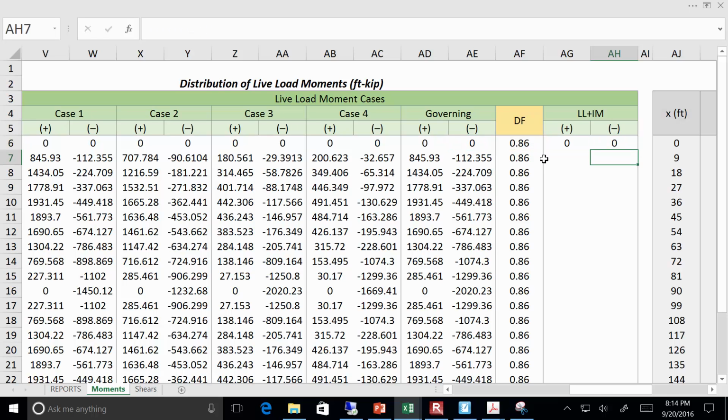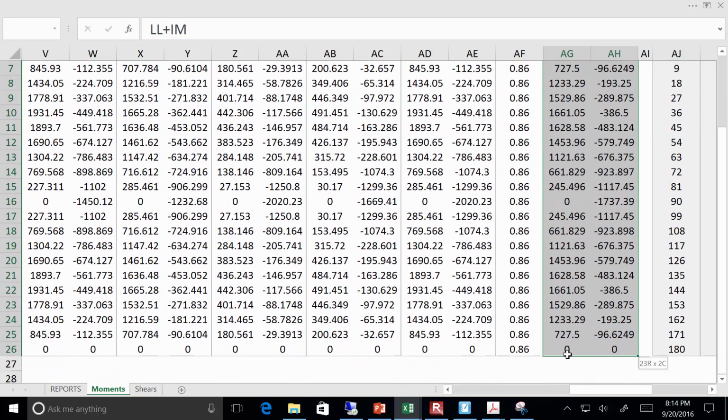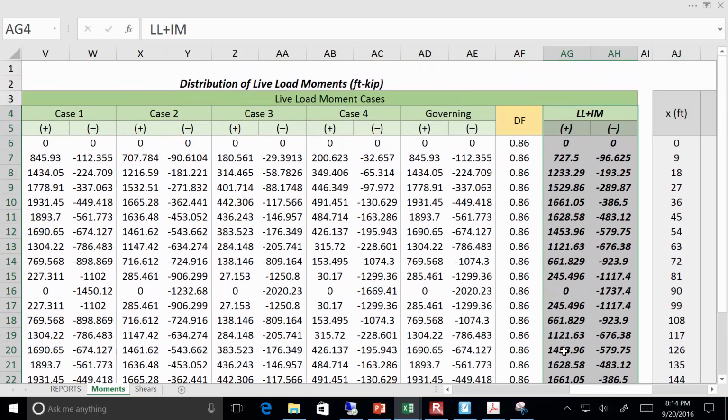Sound good? And then, whoop. So if you want these moments right here, those are the actual live load moments that we can factor. In other words, this is kind of the whole 1.2 times the dead plus 1.6 times the live that you might remember from building design.